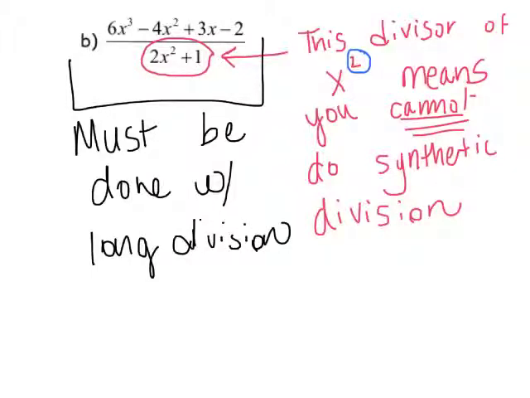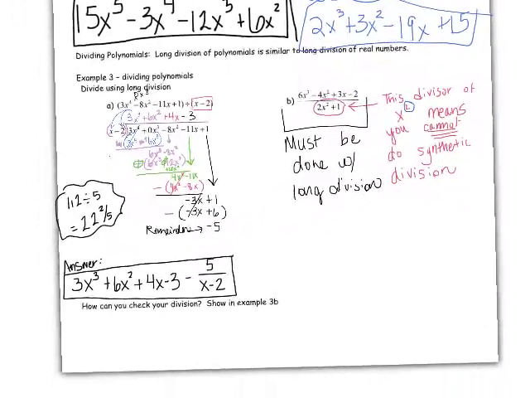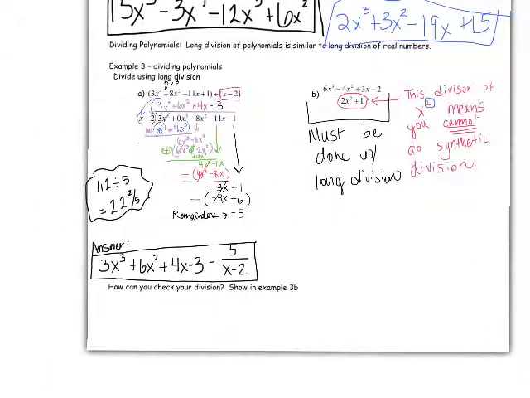Okay, so let's go back really quickly. This example that we just finished, when we learn synthetic division, I'm going to show you that this example can be done using synthetic division because the divisor, x minus 2, is an x raised to the 1 power.